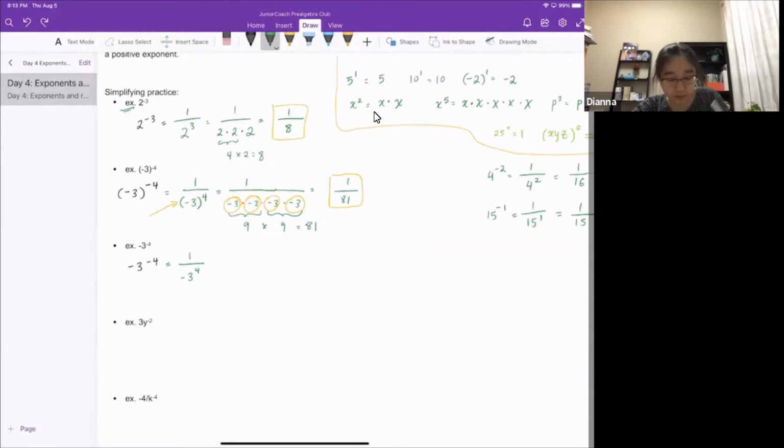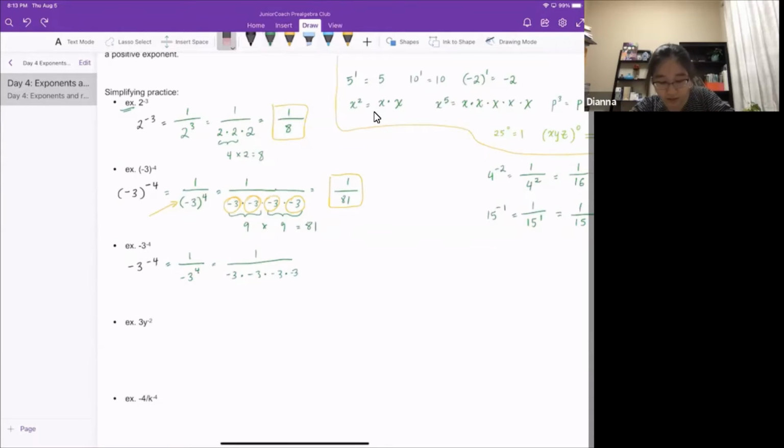So what about the -3? Well, there's no parentheses in here, right? If you're unfamiliar with this, you might say, oh, that's going to be 1 over -3 times -3 times -3 times -3, but then this is going to be the exact same as that problem. And that's actually not the case.